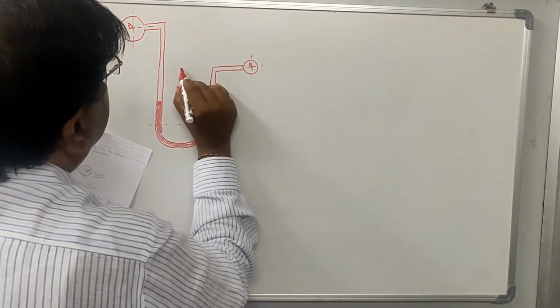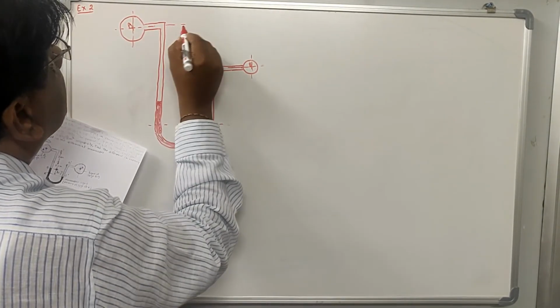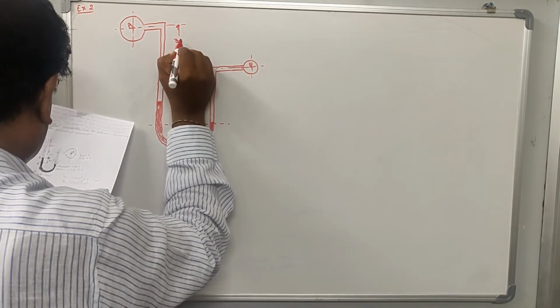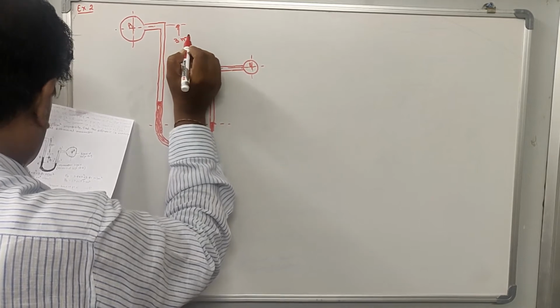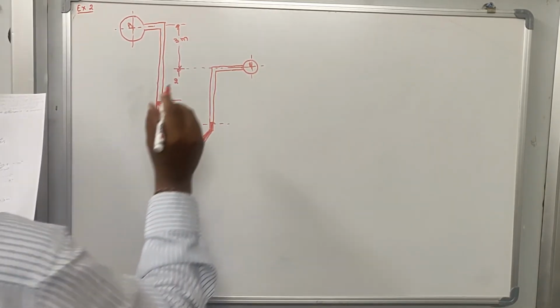This is the center line of pipe B, and this is A. So this height is 3 meter. This is 2 meter.